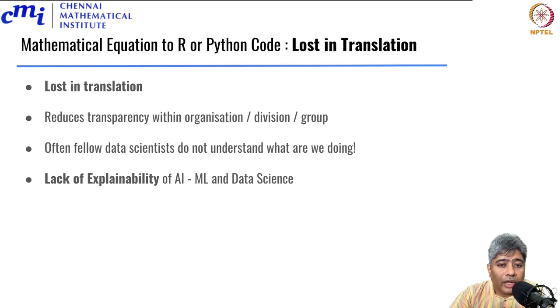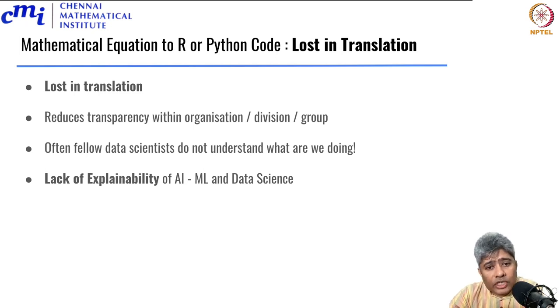Often a fellow data scientist does not understand what we are doing. If you write a program in R or in Python and you share it with your friends, I can guarantee that your friends will stumble upon many lines that they will have trouble understanding.